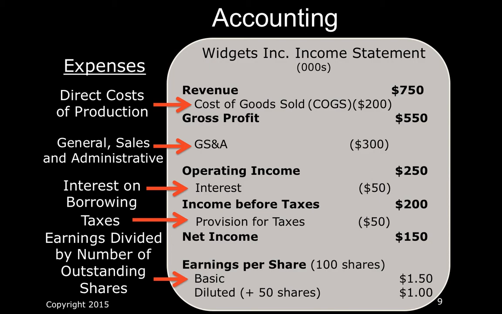Diluted earnings per share gives investors an idea of what earnings per share would be if outstanding options were exercised. That is, if those holding options purchased the shares they had the right to purchase. This company has issued options to purchase 50 shares, which means that earnings are spread across 150 shares rather than 100 shares, and diluted earnings per share is only $1.